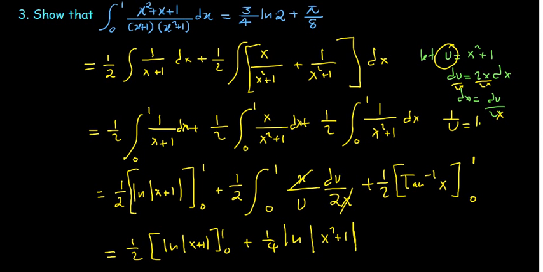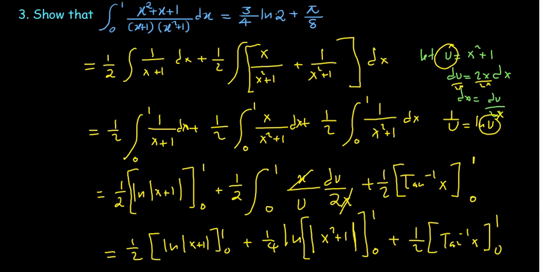That gave us natural log of u. And then we've now substituted back our u, which is x squared plus 1. And our limits here are 1 and 0, plus the last one, which is 1 over 2 tan inverse of x, with limits 1 and 0. Now we can go on and substitute our limits.